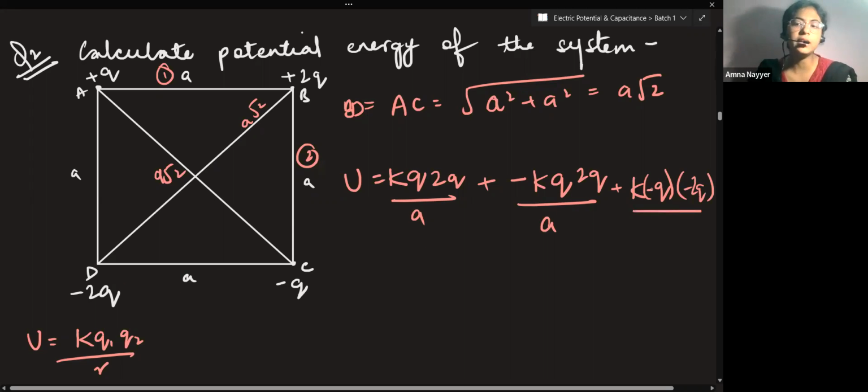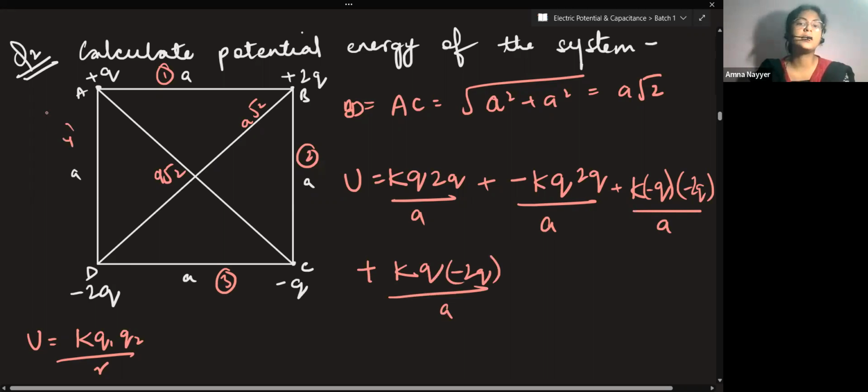The separation between them is a. So this third energy is also being considered. Now the energy between plus Q and minus 2Q: K, one charge is Q, other charge is minus 2Q, the separation between them is a. The fourth energy has also been considered.